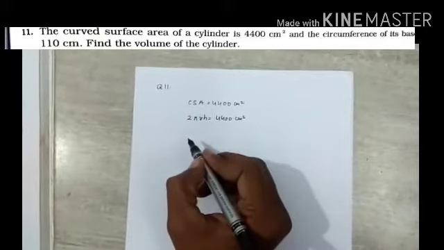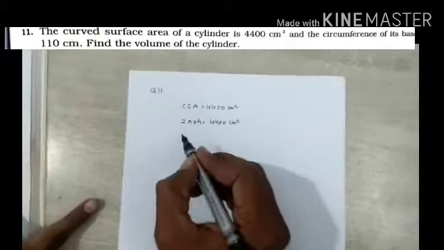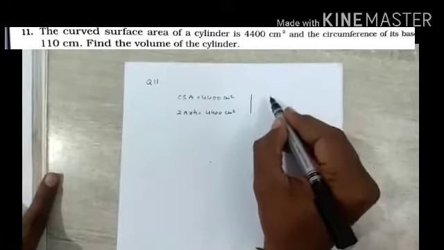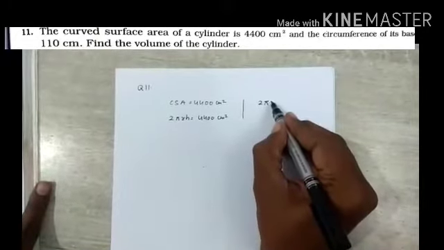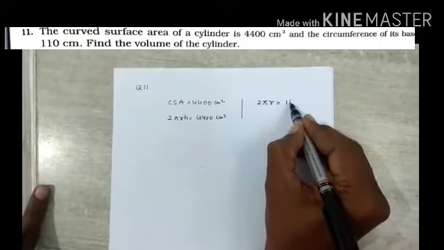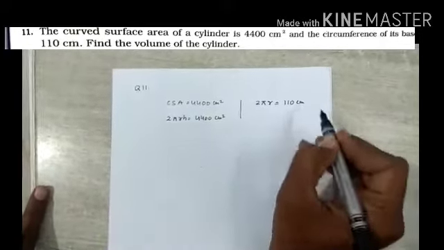Next is given circumference of its base. Circumference of base formula equal to 2 pi r. Value of 2 pi r is given 110 centimeter.